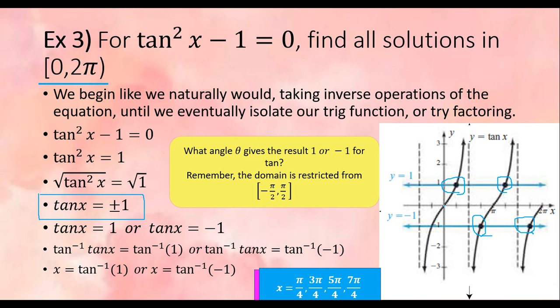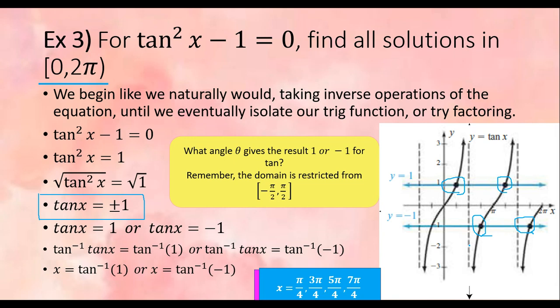These all fall from 0 to positive 2 pi. So this is our pi over 4 value. This is 3 pi over 4, 5 pi over 4, and 7 pi over 4.